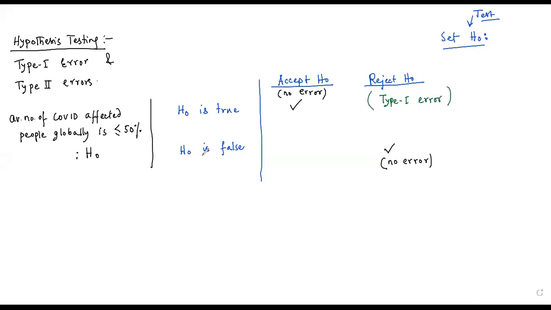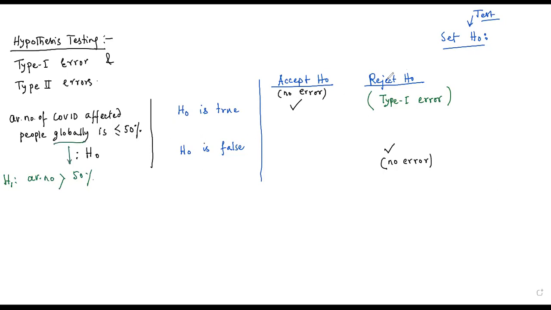And suppose the null hypothesis is false. Suppose the average number of COVID affected people is actually greater than 50%. So my H1 is that this average number is greater than 50% globally. Okay.